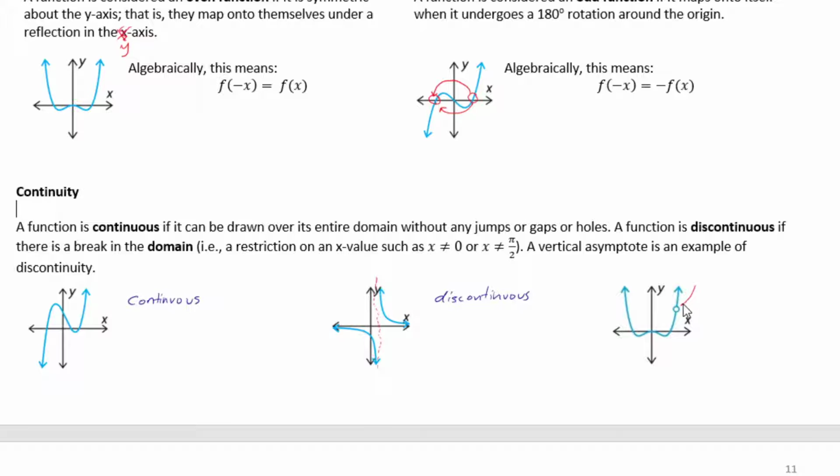That is what we would say a hole, which is basically a restriction on an x value. And so therefore, this right here is now considered to be a discontinuous function.